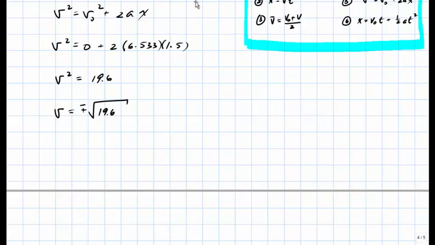In this case, we're going to choose a minus sign because we know that the mass is traveling downwards along the y-axis. And so the velocity just equals the negative square root of 19.6, which equals negative 4.427. And of course, the units for velocity are meters per second.